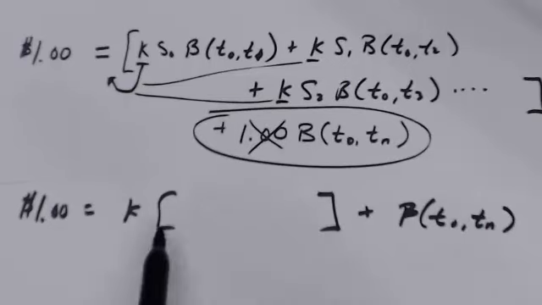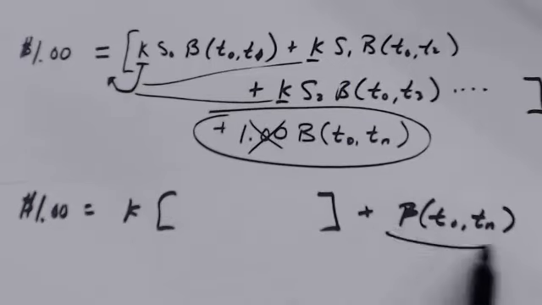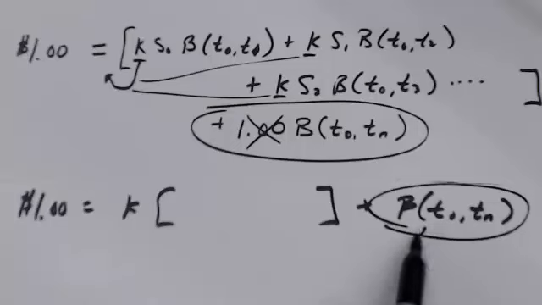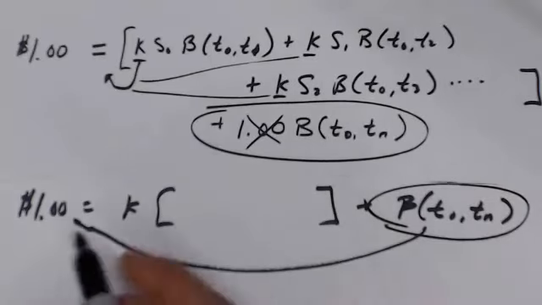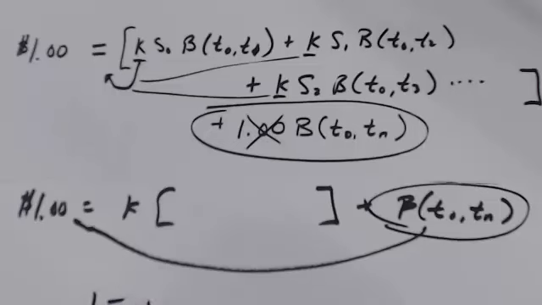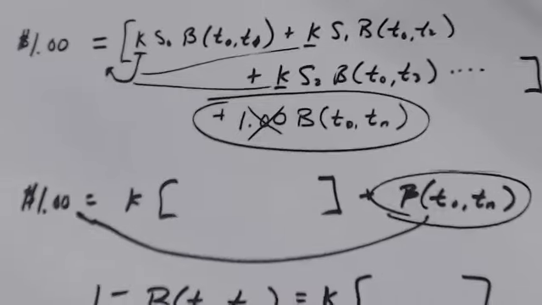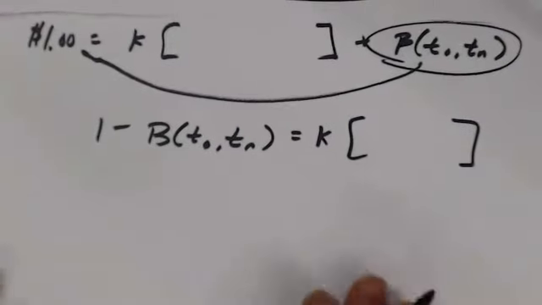Okay, and so now all we do is we subtract this component from both sides. Subtract it from here so it crosses out, subtract it from here. Okay, and then what we have is this equals K times what's inside the brackets. Now divide both sides by what's inside the brackets, and what we get is this.